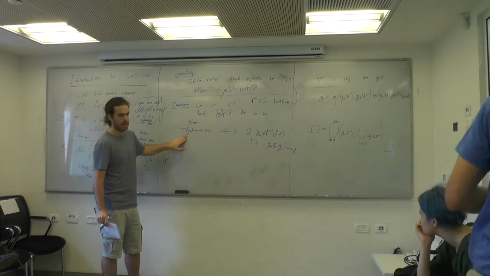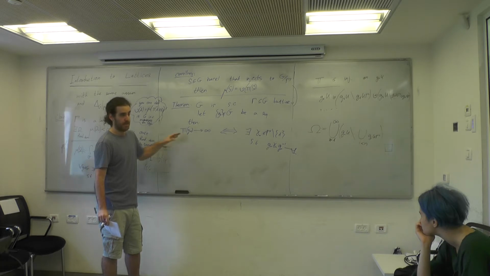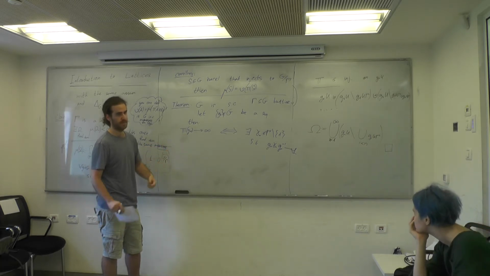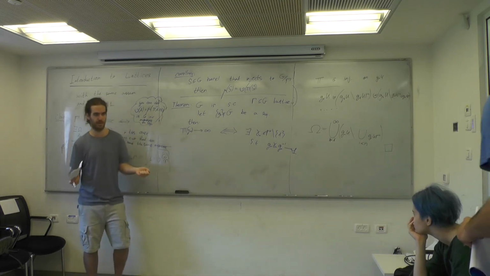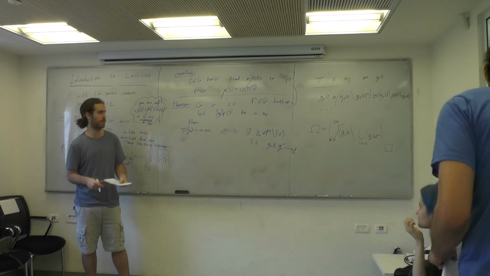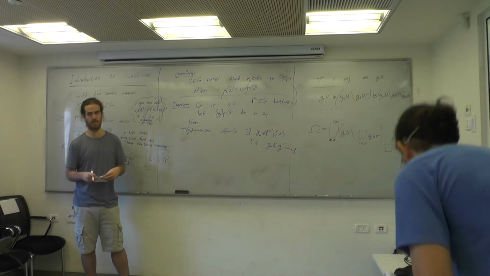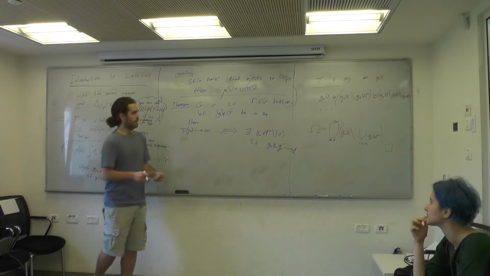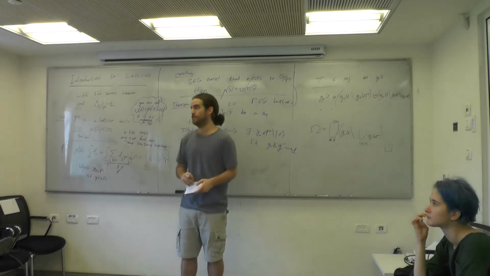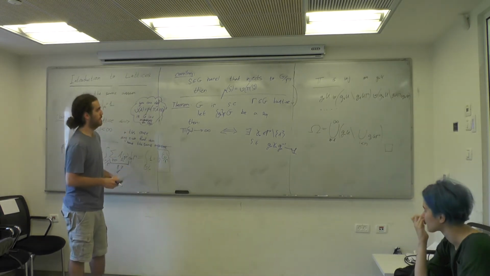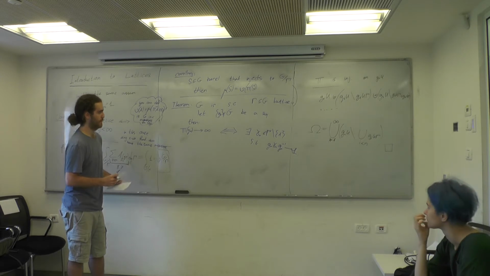Because having a sequence approaching infinity means that it escapes every compact set, and in particular the quotient will not be compact. So I won't have time to prove it, even though I prepared some outline. I would like to show a corollary.